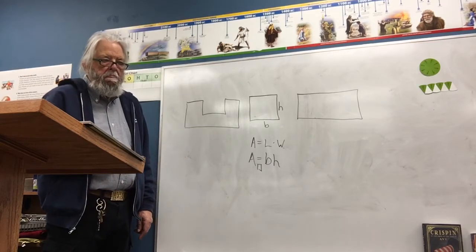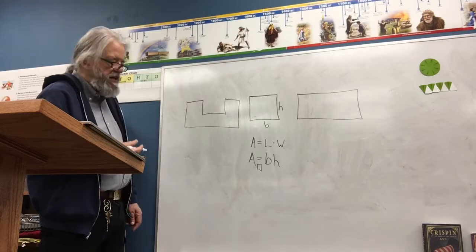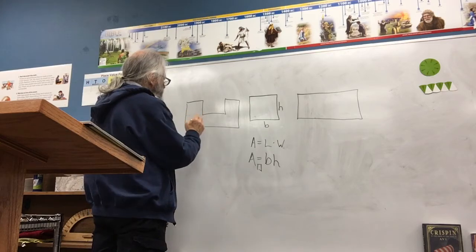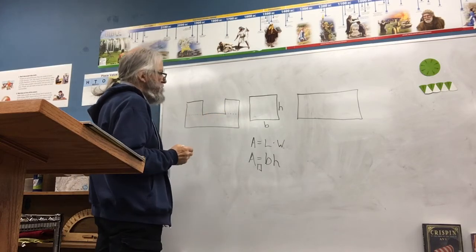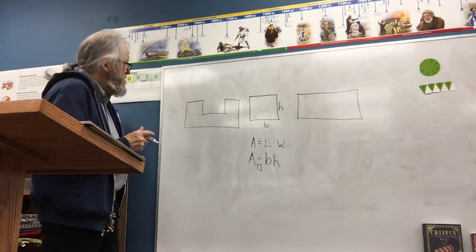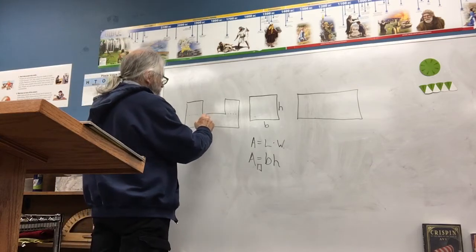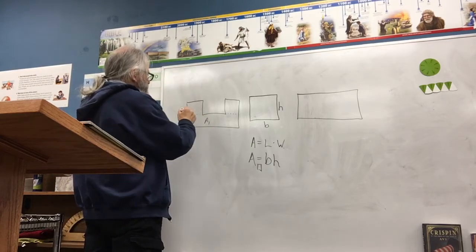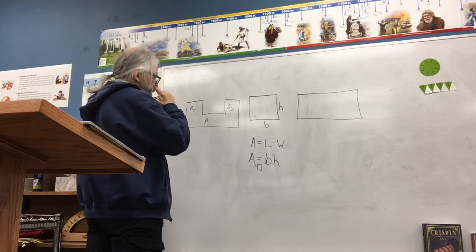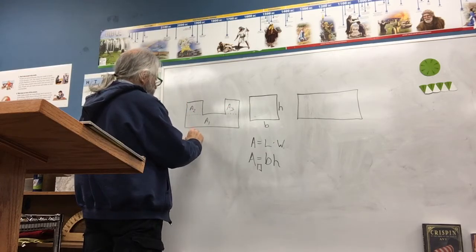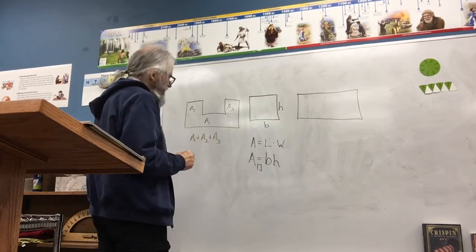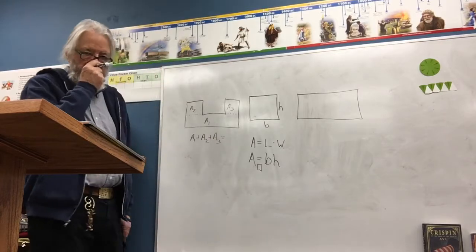If you remember from before, but if not, here's just a little reminder. I can divide these into quadrilaterals. Then I'd be finding the area of that section, the area of that section, the area of that section, and then I'd just be adding those sections together. That's going to give me my total area.